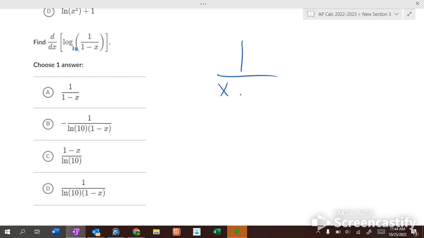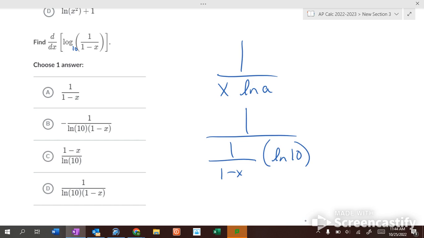1 over x ln of a, so ln of this stuff. So it's the ln of 10. Yeah. So it's 1 over 1 minus x times the ln of 10 times the first derivative of this.